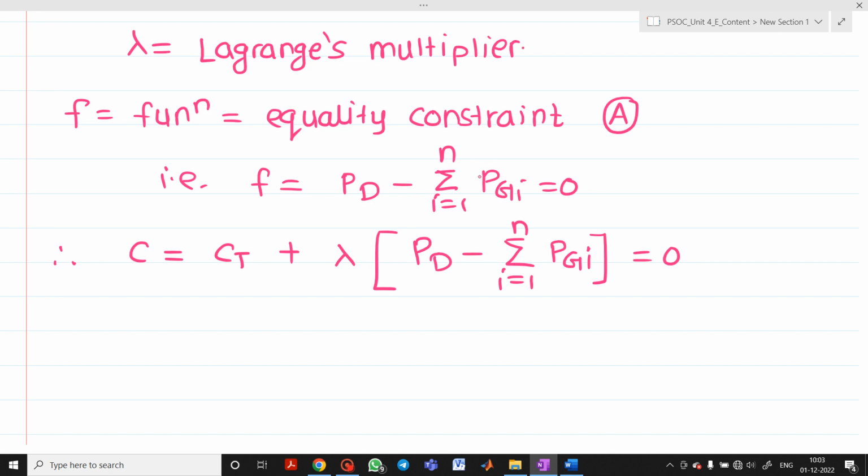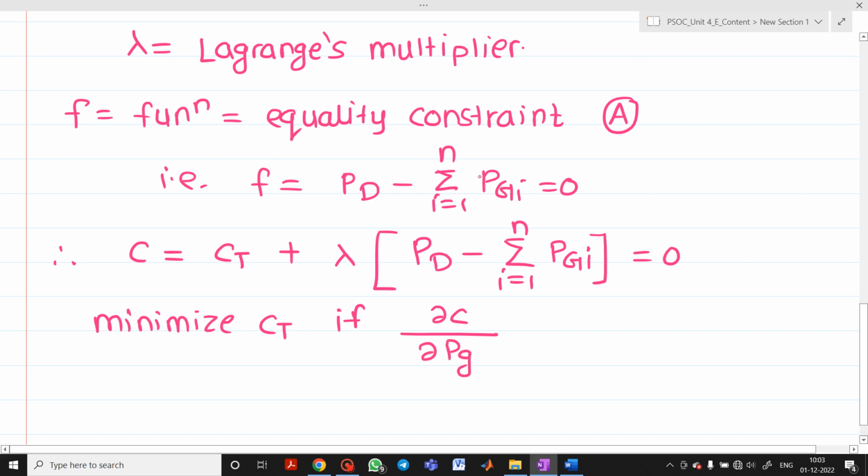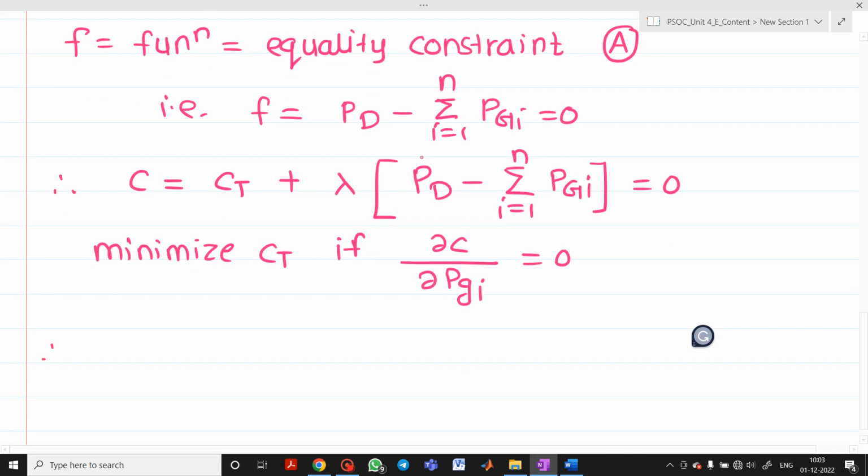Now what is our aim? The aim is to minimize the Ct, to minimize the total cost of generation. How is it to be achieved? It is achieved if we take a derivative. That is, if we take ∂C upon ∂PGi equal to 0, then only it is possible. So I'll take the derivative of this expression.